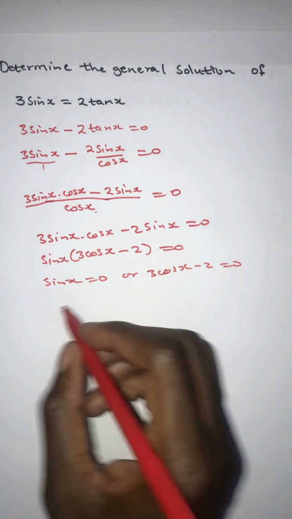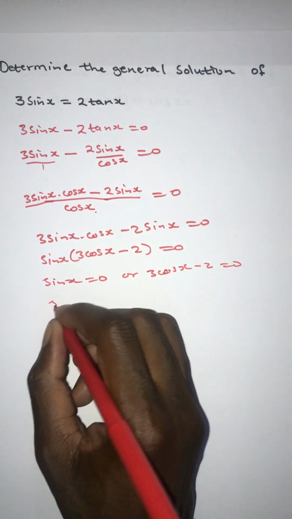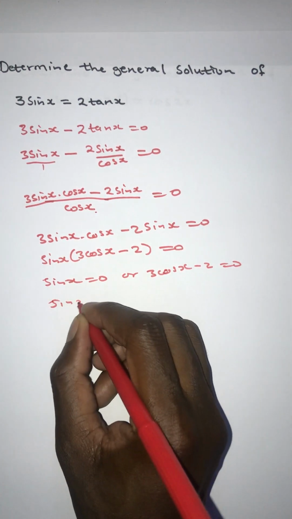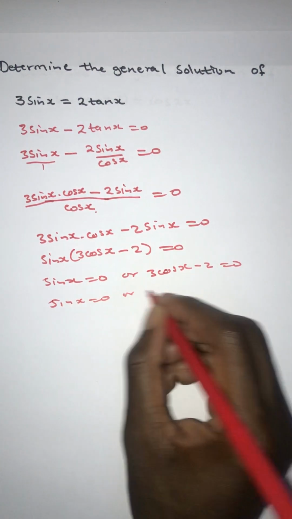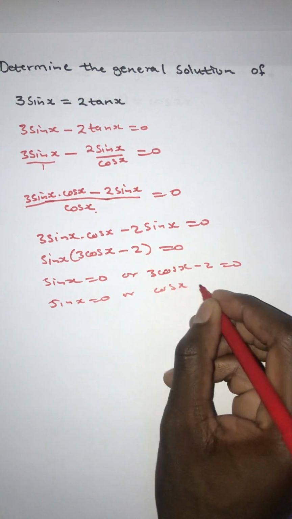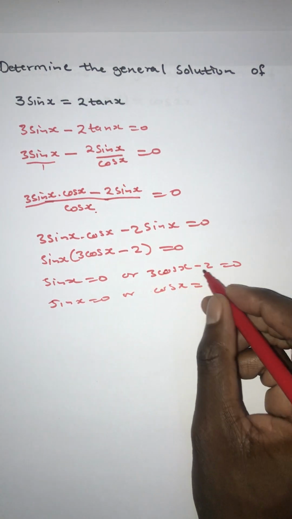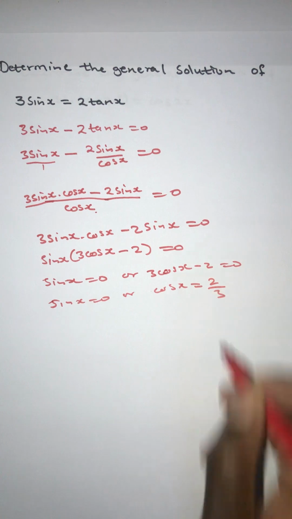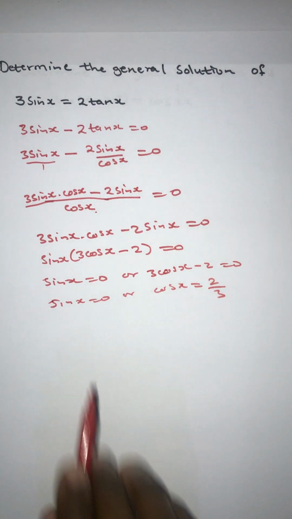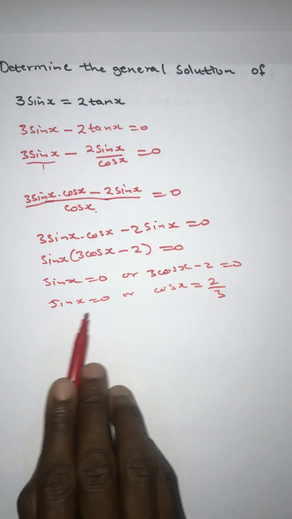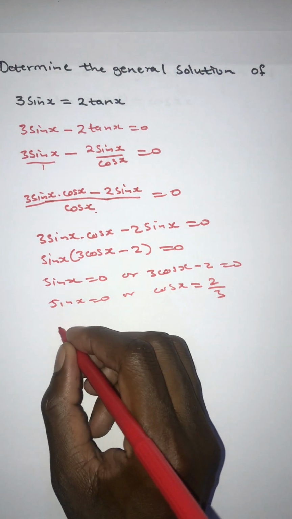So what do we have here? Sine of x is equal to 0, or cos of x is equal to 2 all over 3. So the sine of 0 is the same as what?